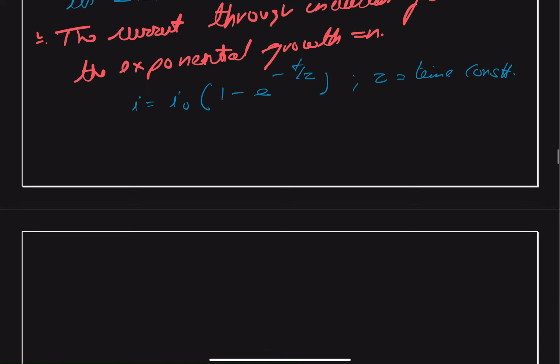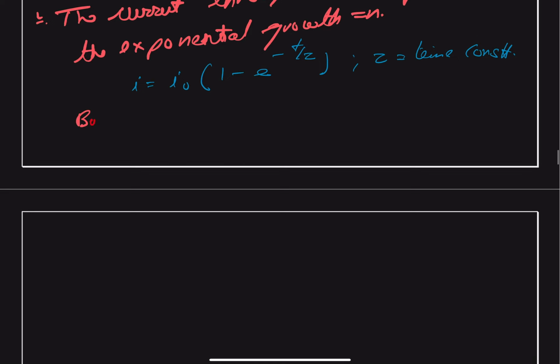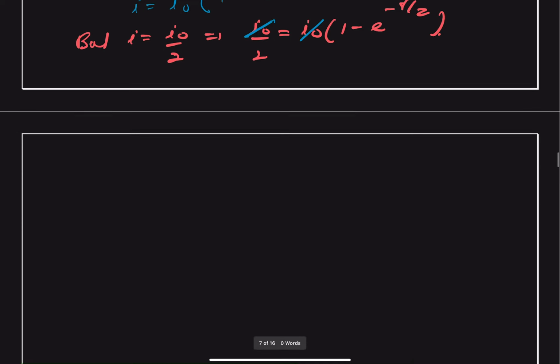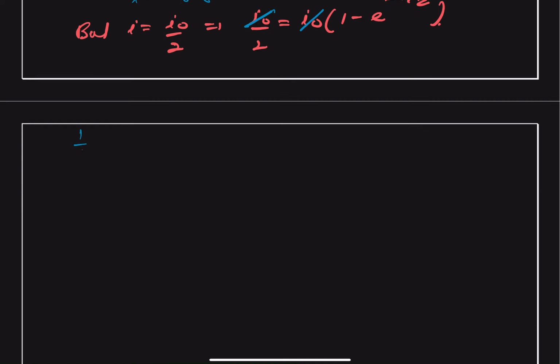And it is said that I should be I naught by 2, half of the steady state value. So I is equal to I naught by 2. So we can modify the equation. We get I naught by 2 is equal to I naught times (1 minus e to the power minus t upon tau). Here I naught and I naught cancel out, and we get 1 by 2 is equal to 1 minus e to the power minus t upon tau.